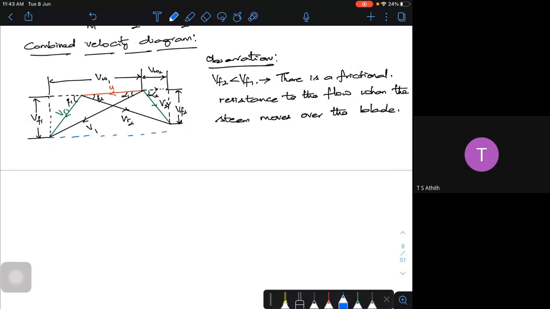This is what I'm trying to tell. That means how I can represent that. VF2 is less than this because of your relative velocities. It is because the fluid is flowing over the blade with a relative velocity.